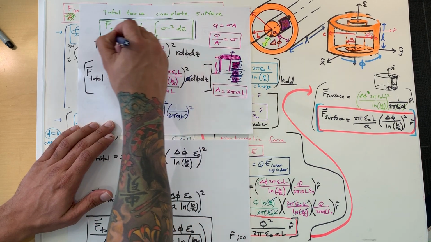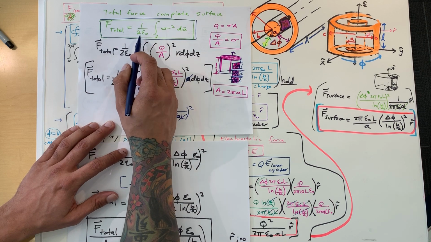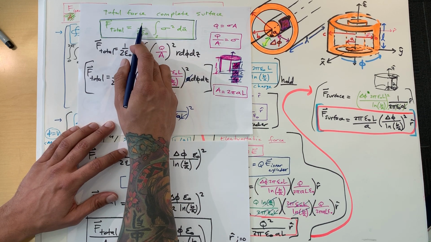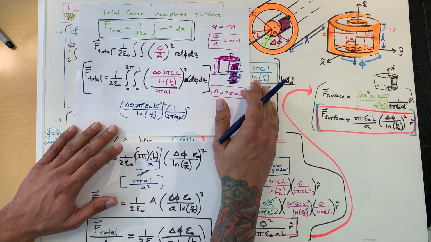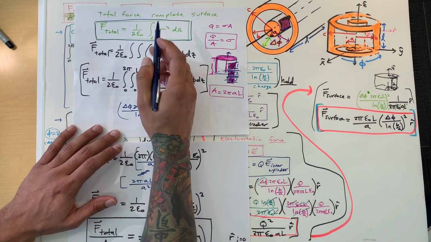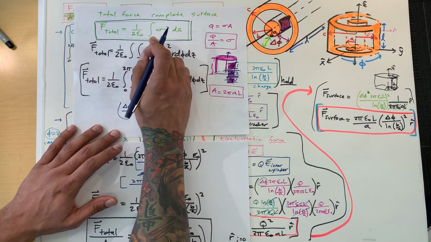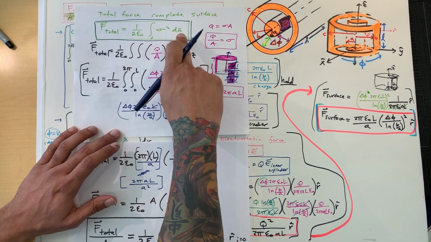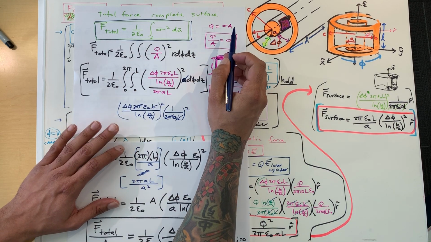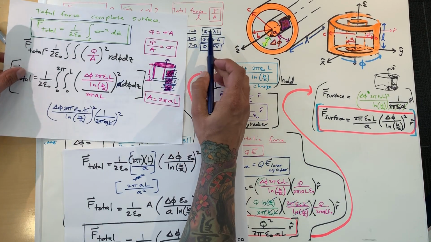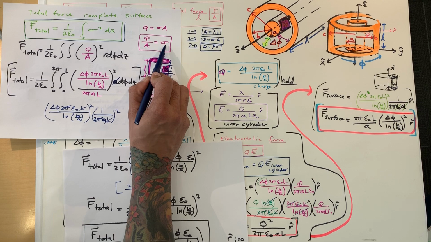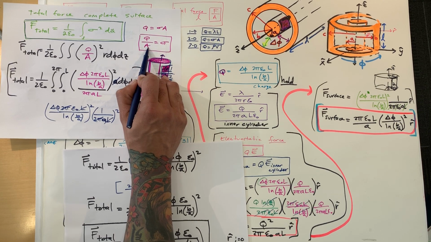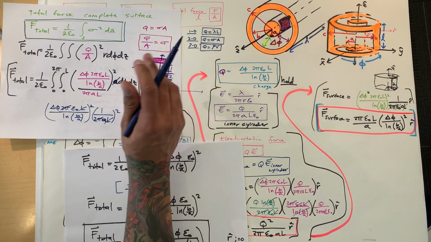Force total is going to equal 1 over 2 epsilon naught, which accounts for both cylinders, and then the surface integral of sigma squared dA. So in 2D, we know that Q is equal to sigma A. Rearranging that for sigma, we get Q over A, so charge over area.